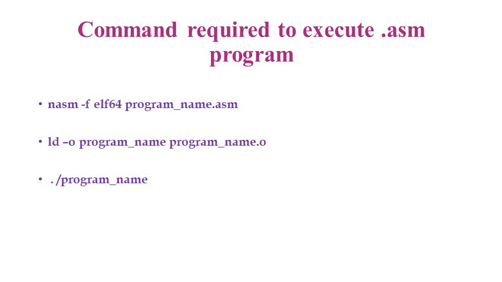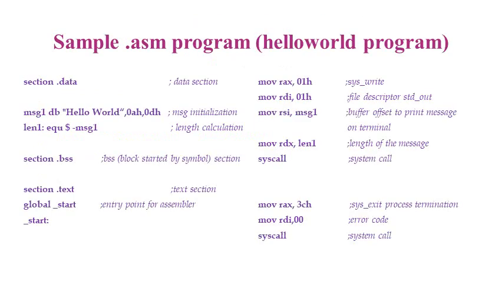So the command is ld -o program name, space, program name .o, and at last the third command is ./program name, which means we have to give here the name of the executable file which is generated. So these are the three commands that are required to execute an .asm program.